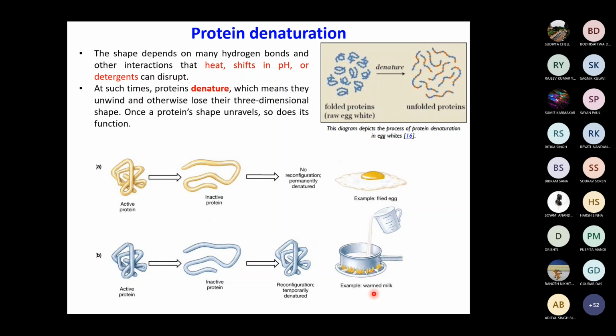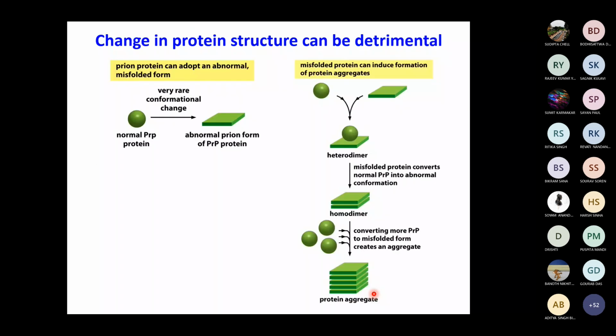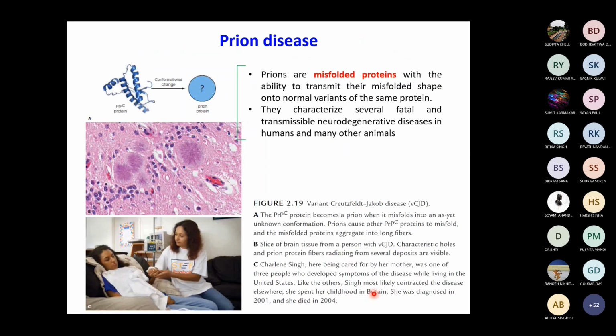Why I am discussing protein denaturation is because there are certain proteins known as prion proteins. Prion proteins have the ability to change the structure of other proteins, and because of that there are many neurodegenerative diseases.